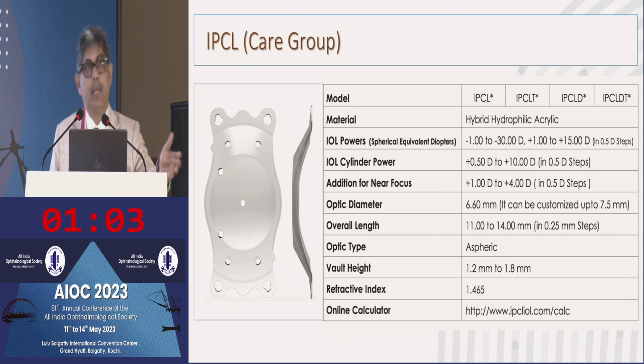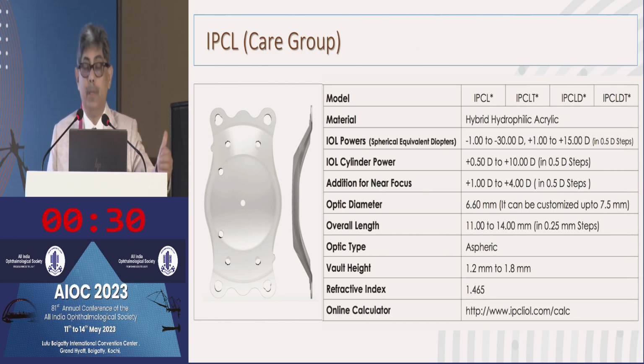And coming to the Indian counterpart, the IPCL, the good part is the design is similar, and there is a central opening in this. We don't require the peripheral iridotomy to be made now. Another good part is that we can correct from -1 up to -30 diopters, and in hyperopic eyes we can correct up to +15 diopters, and up to +10 diopters of cylindrical power.